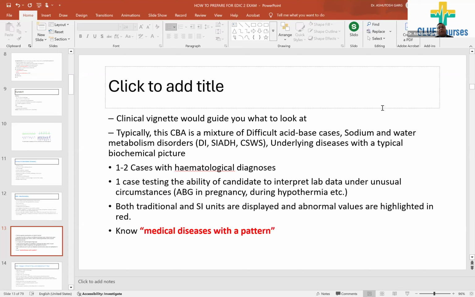They will give you all the blood values in traditional units as well as SI units, and they will mark all abnormal values in red color. So you can very well understand that these are the abnormal values. Basically, in the biochemistry station, you have to find out the medical disease with some specific pattern. So pattern recognition is very, very important to clear this exam.